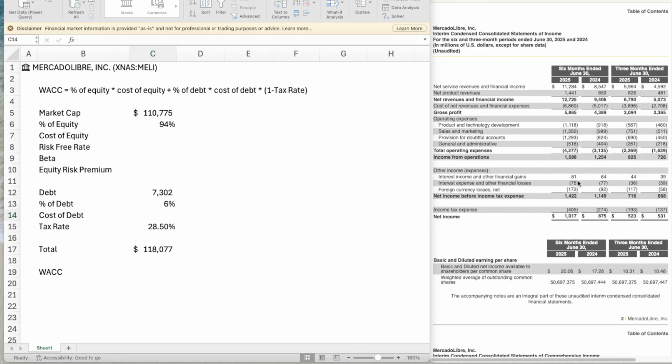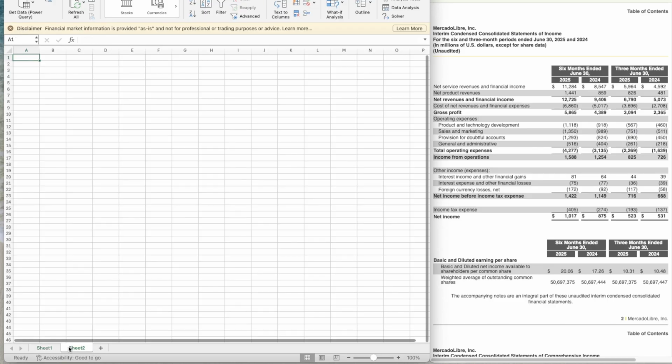So 75, let's just multiply that by 2 to get an annual figure. Equals 75 times 2 divided by the debt. So yeah, it's about a 2% cost of debt. Okay, let's start building out the cost of equity now.